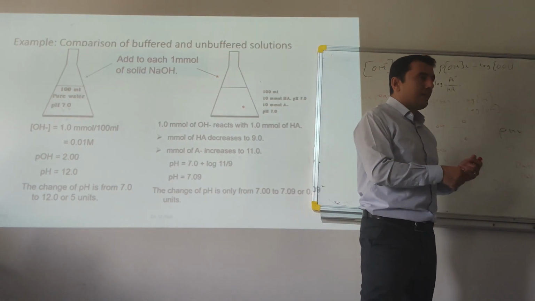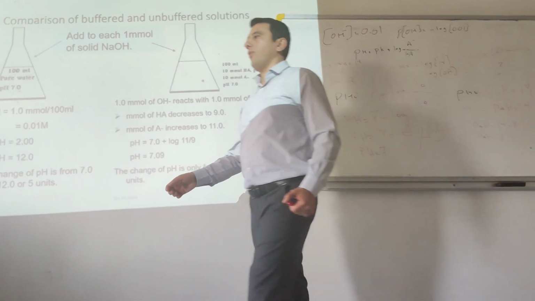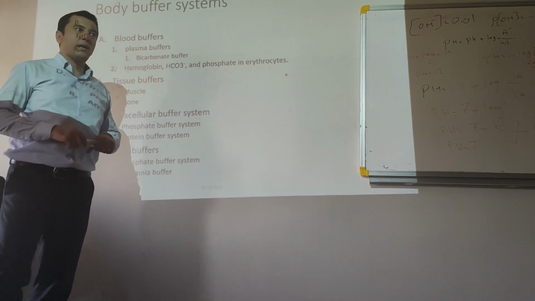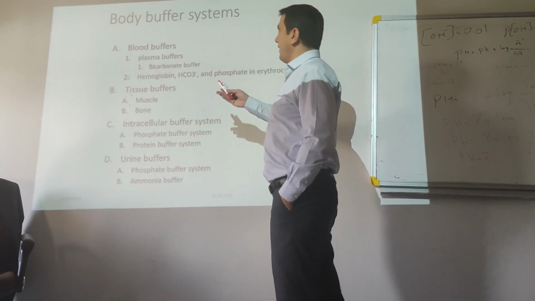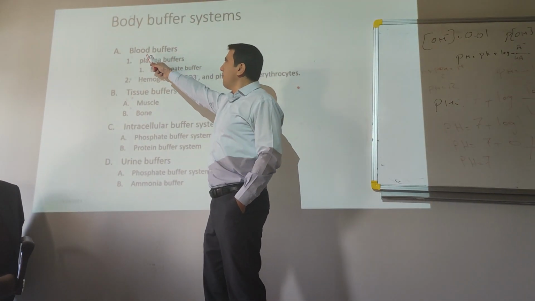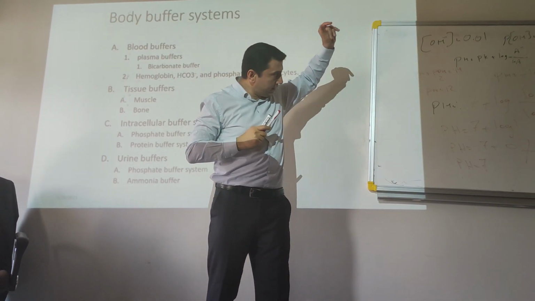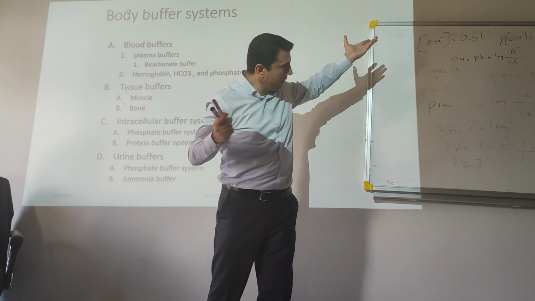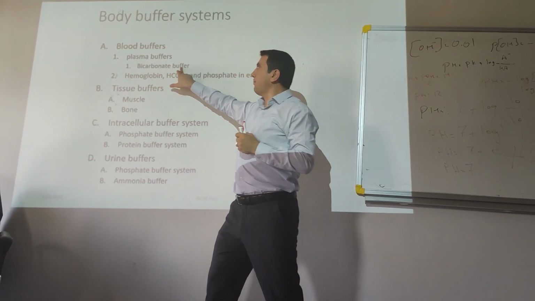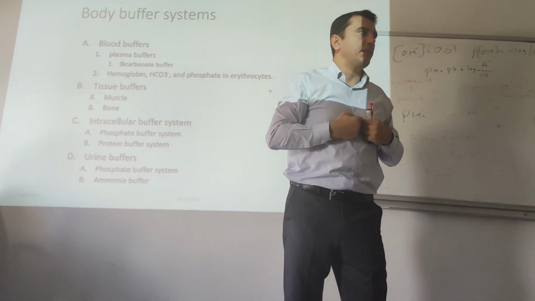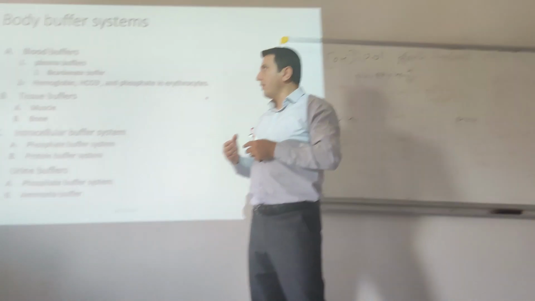The changes of pH are very small. What are the buffers in your body? You have different buffers. Blood buffers. The main blood buffer is the bicarbonate buffer. This is the main buffer in our body.